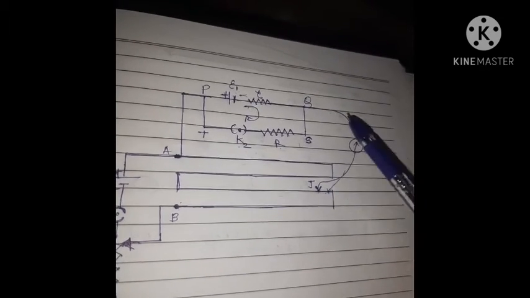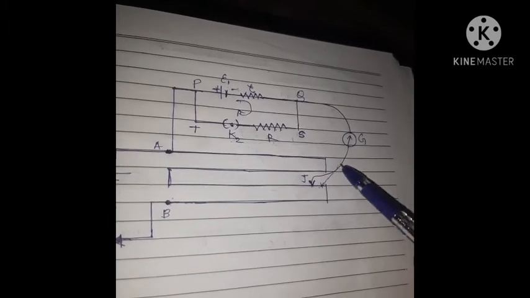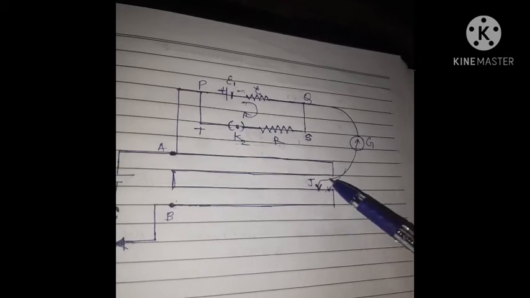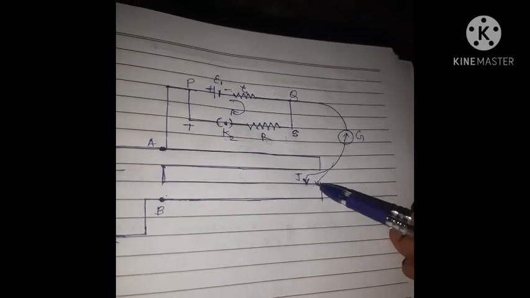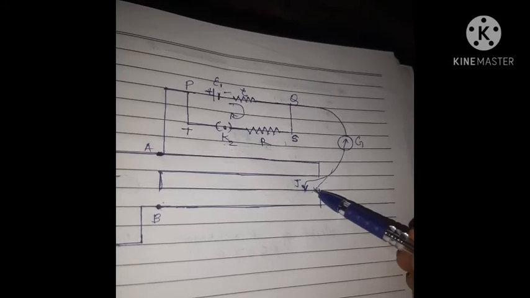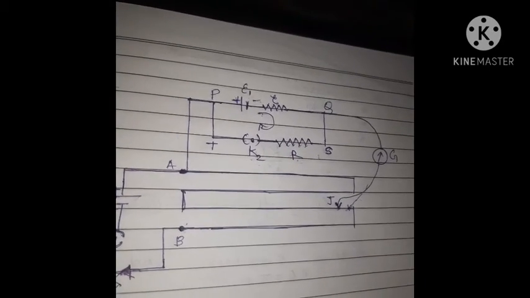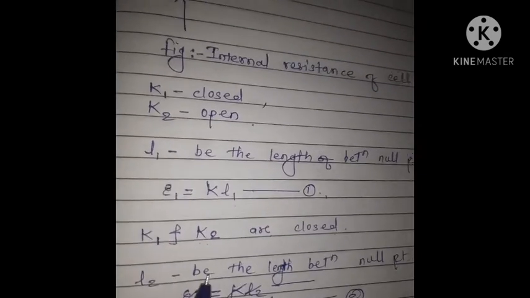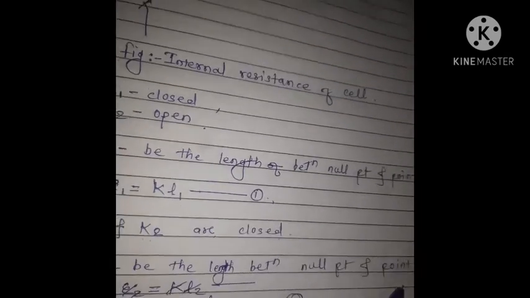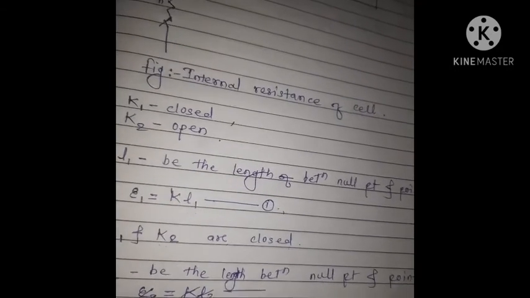Now obtain the null point by touching this jockey on wire AB. Suppose the null point is at this position, and the length between this null point and A is L2.